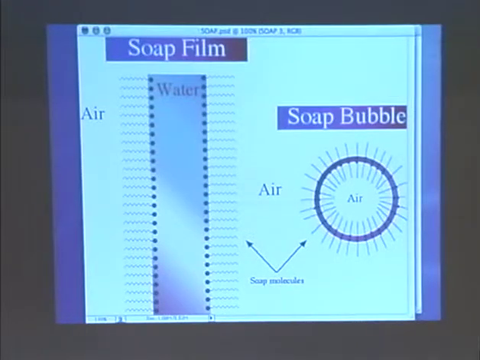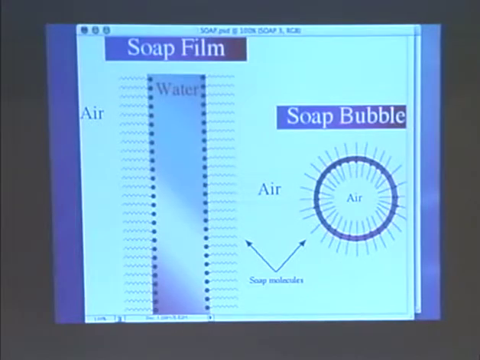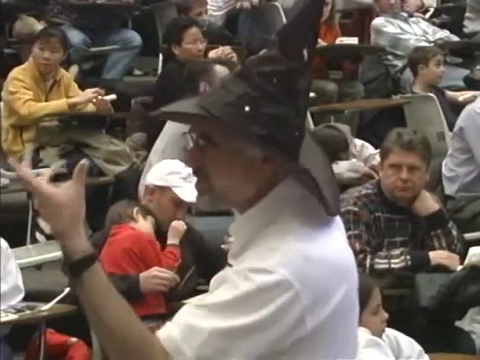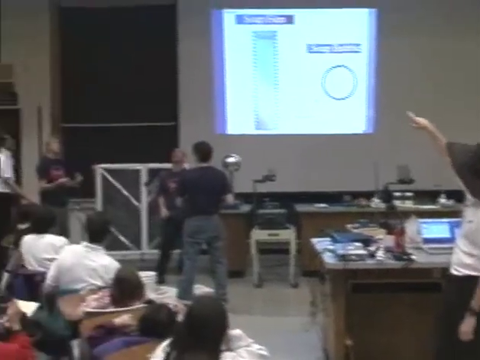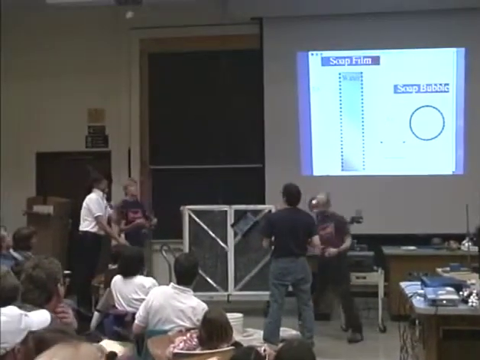And sometimes those films will wrap around and make a ball, and of course you all know what that is. That's a soap bubble. The walls of the soap bubble are liquid crystal. You can see that they have some properties of a solid, but they're flexible. They're liquid crystal. And so now we're going to try to demonstrate for you a giant 30-foot high soap film.